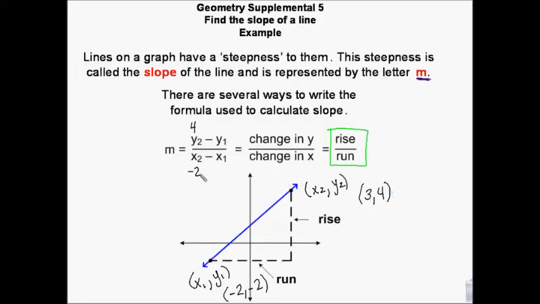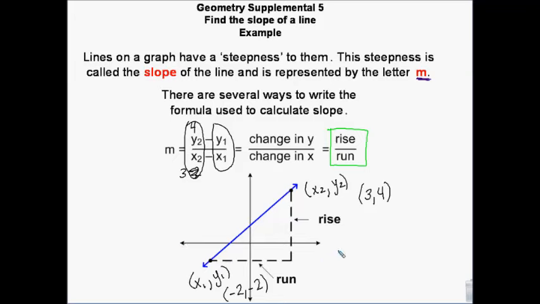They have to go in the same order. So if I choose that this has to be 4, then this has to be 3, because they have to come from the same point. So this x and y make up 1 point, and this x and y make up another point. They have to come from the same set. They have to go in the same order.